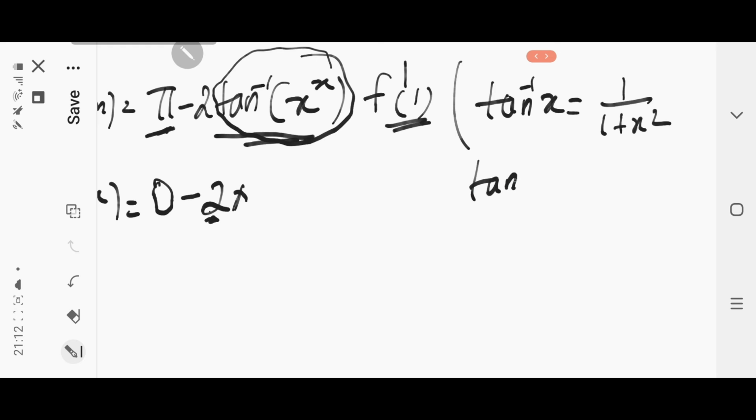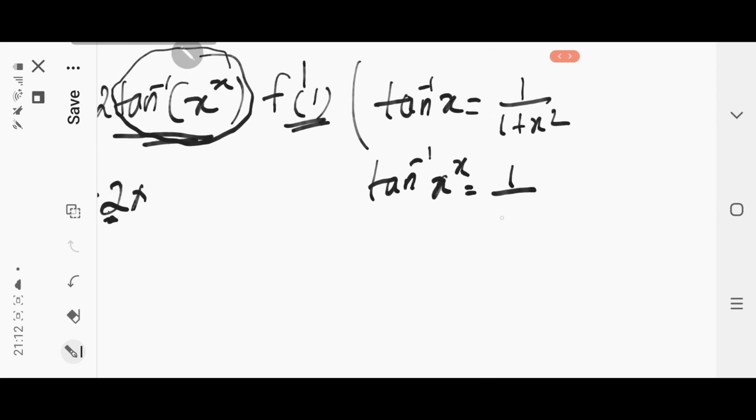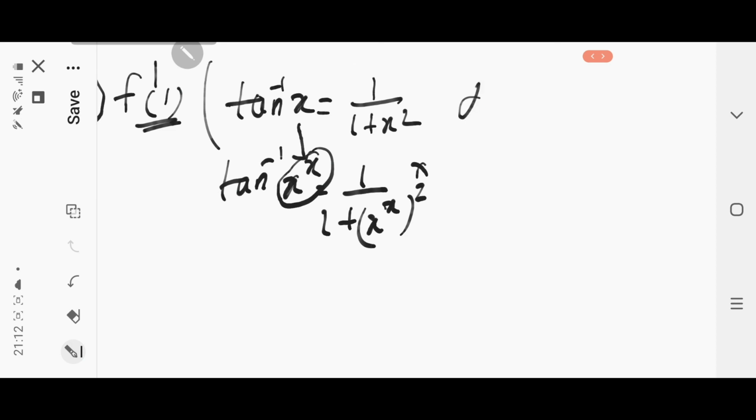Then, what is the derivative of tan inverse of x raised to x? It is 1 by 1 plus, in the place of x, it is x raised to x, the whole square, into the derivative of x raised to x.